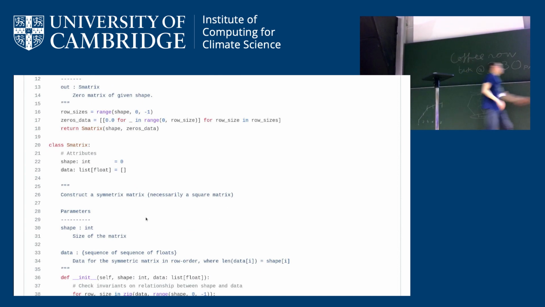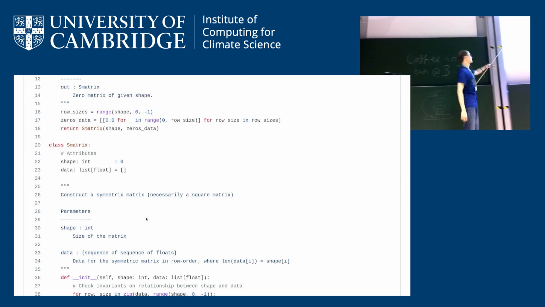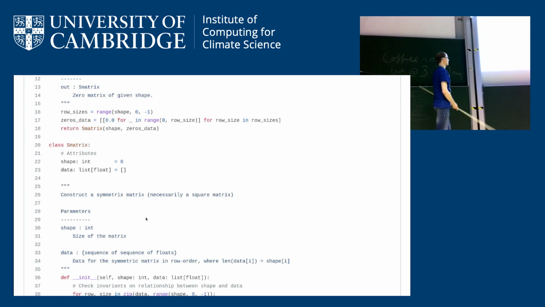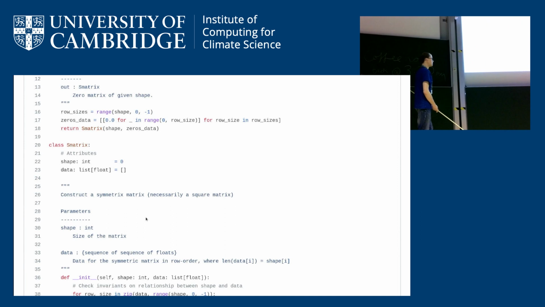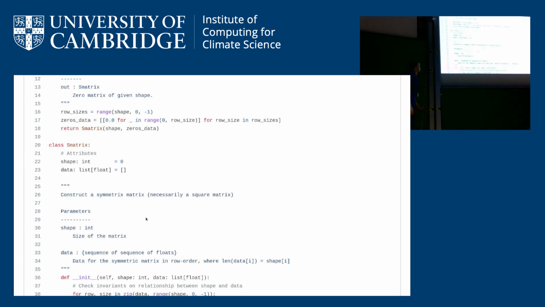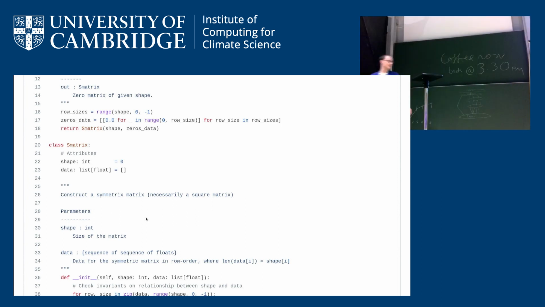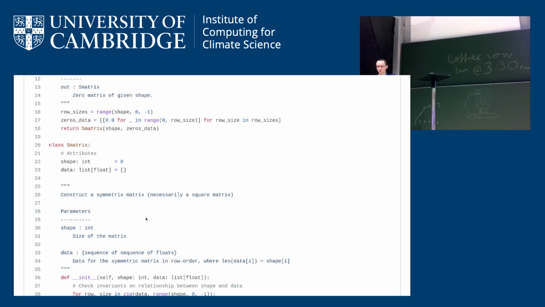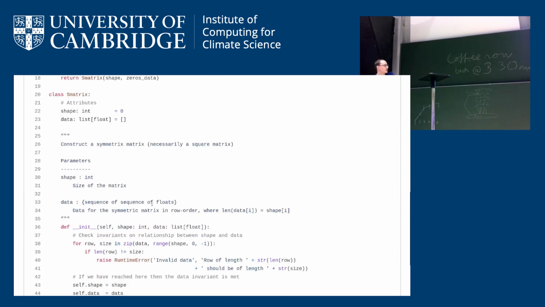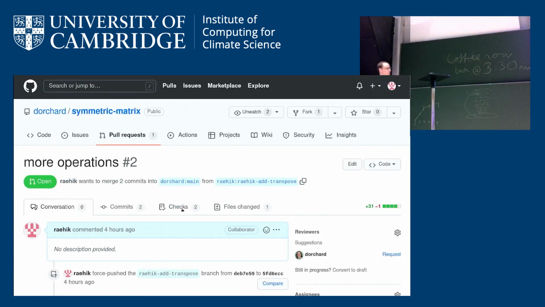All we have is a class SMatrix. We're talking about symmetrical matrices and how we store them and a bunch of operations on them. Instead of storing them as an array, we're being fussy about how we store data, which means we have to implement operations in a slightly different way. So far, there's not too much here. So I've made a pull request over here.